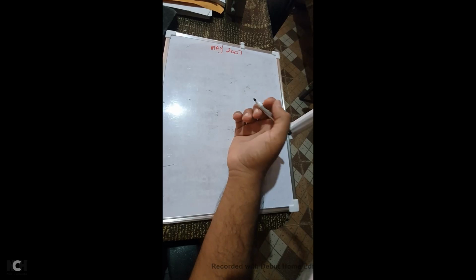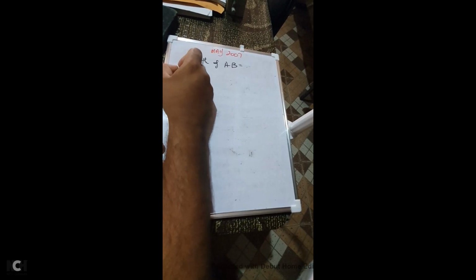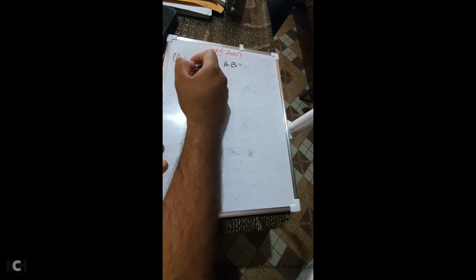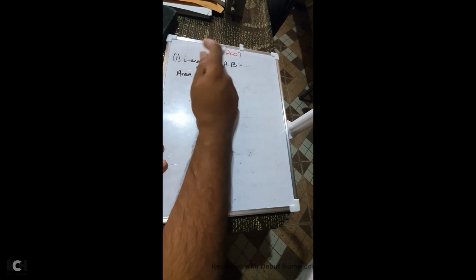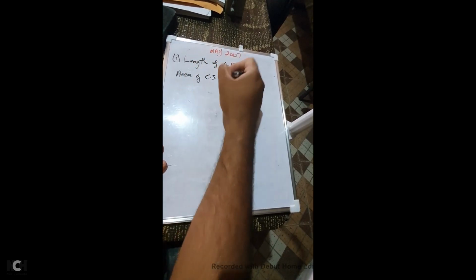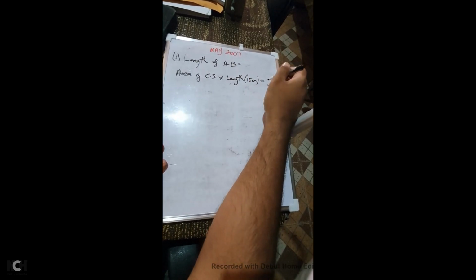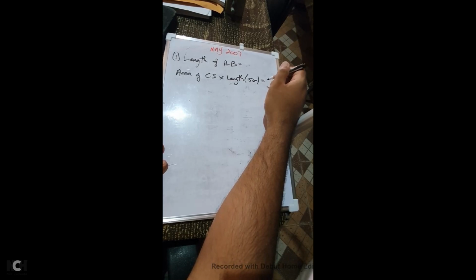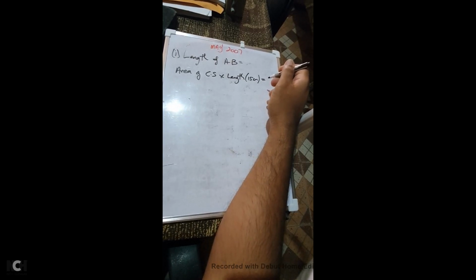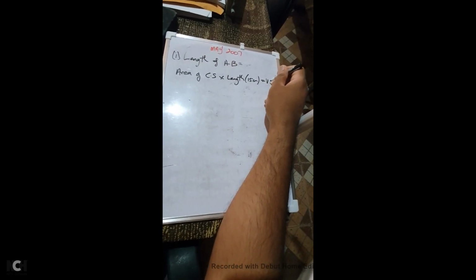So now we have to use the formula and manipulate it a little bit to figure this out. Finding the length of AB will require us to know that the area of the cross section multiplied by the length, in this case 15 centimeters, is equal to the volume of 960 centimeters cubed.